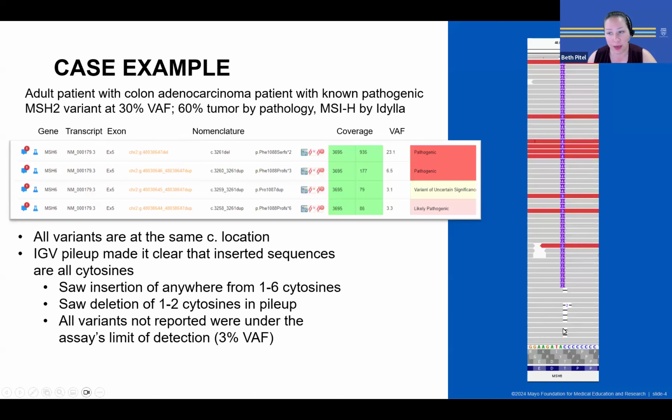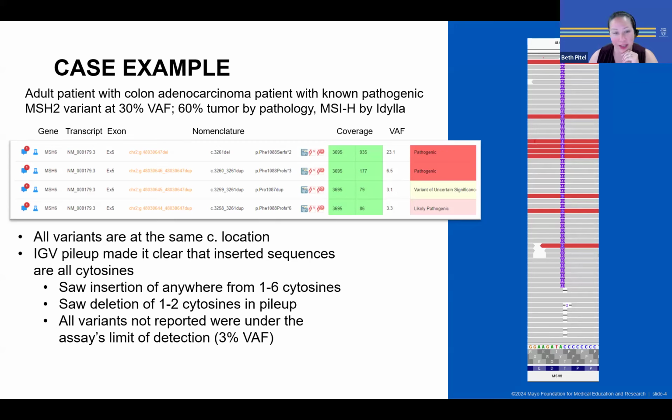And when I looked at the pileup, I realized that we had a lot more variants than just these couple that were listed here. They were just sitting underneath our assay's limit of detection. You can see that 2 of these variants are at only around 3% VAF, so they're right at the boundary of our limit of detection.